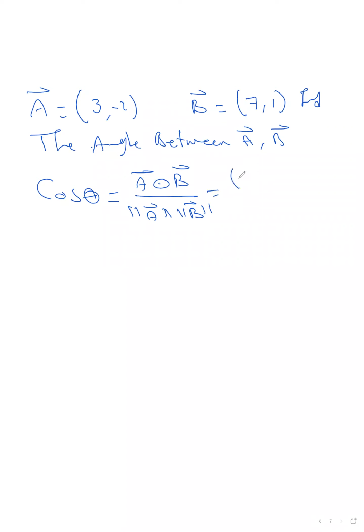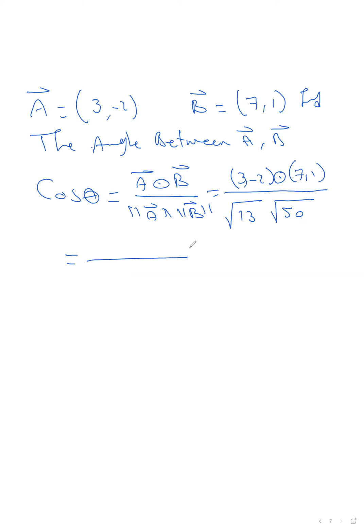A dot B means 3 and negative 2 dot 7 and 1, over norm A, which is the square root of 9 plus 4, 13, and norm B, the square root of 49 plus 1, which is 50.